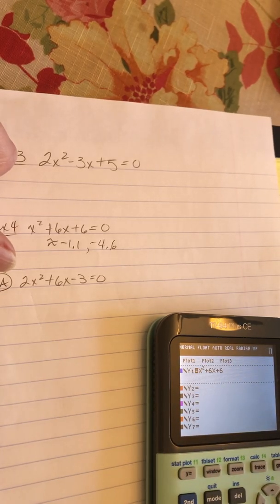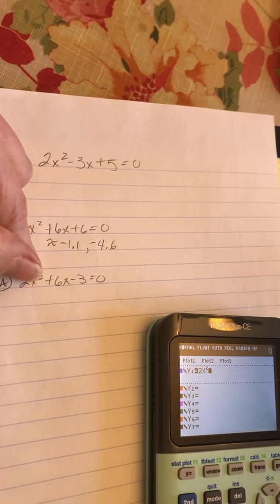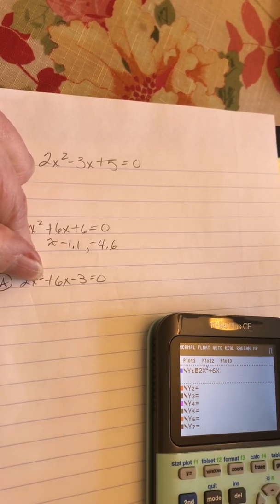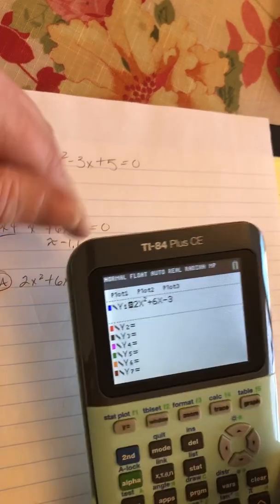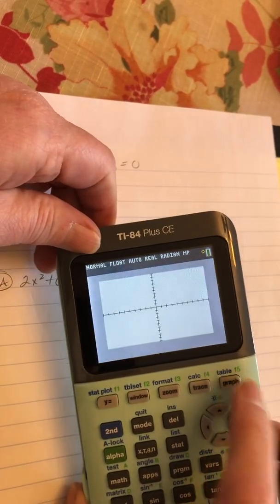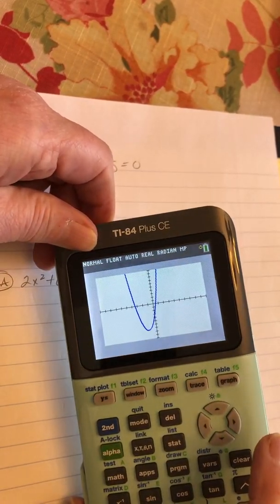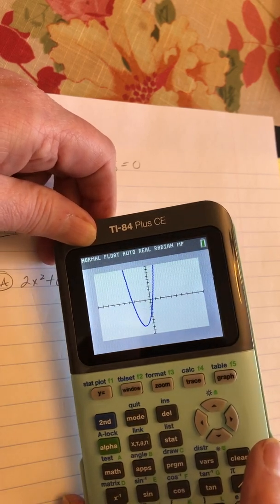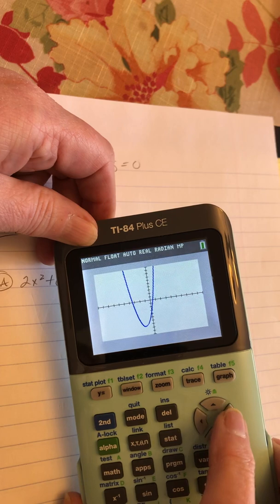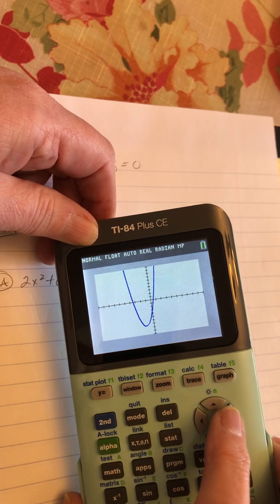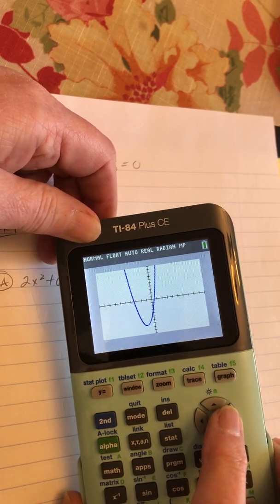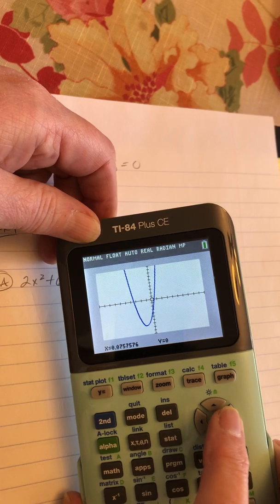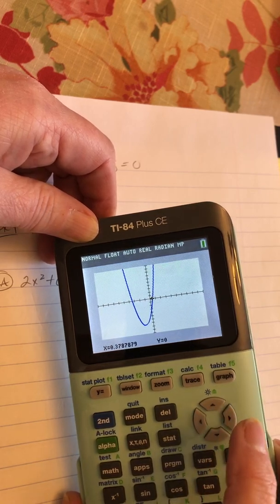Y equals, I'm going to clear that one, 2x squared plus 6x minus 3. Again, when I graph it, you can see it's in between. Okay? And I don't want to use my up and down arrows because I want my y to equal 0. So when I hit that arrow, it puts a cursor on there. I'm going to move that over.